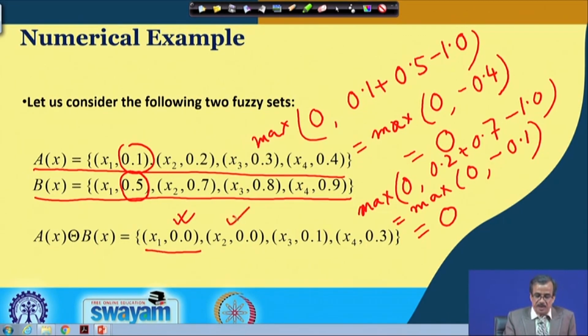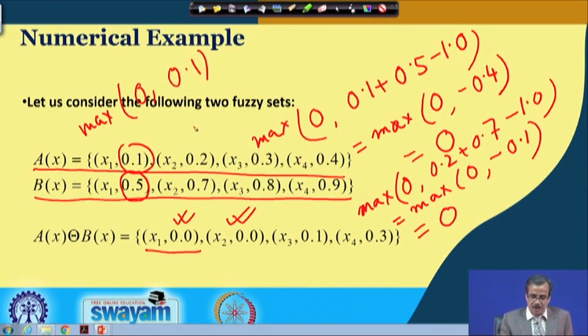So, corresponding to x2, there will be 0.0. Then corresponding to x3, we have the maximum between 0 and 0.3 plus 0.8, which is 1.1 minus 1, so this is 0.1, and the maximum between 0 and 0.1 is 0.1.